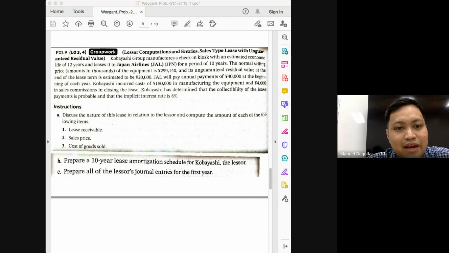So 299,140 minus 40,000 would be the balance that will earn interest for the whole year. How much is it? 259,140 multiplied by 8%. How much is 259,140 times 8%? 20,731. That would be your interest revenue for year 1.